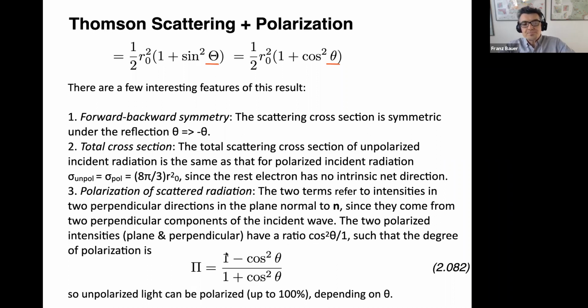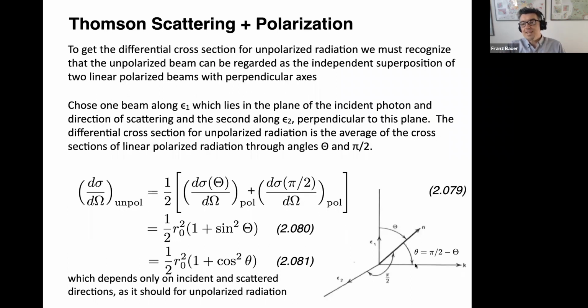And so if we have unpolarized light, that unpolarized light can be completely polarized depending on the direction of the observer. If theta ends up being equal to 0, right? So this is equal to 1, this is equal to 0, and there is no polarization. Theta equals 0 means this angle is 0, and so the scattering just sends it in the same direction it was going before, or vice versa.